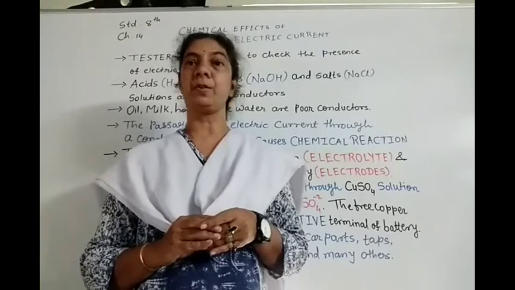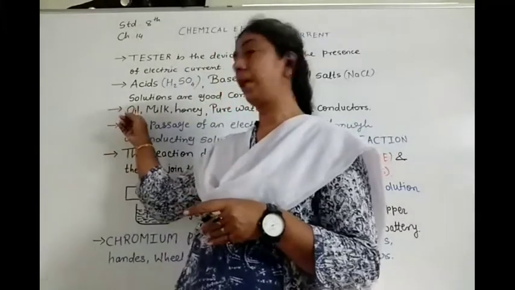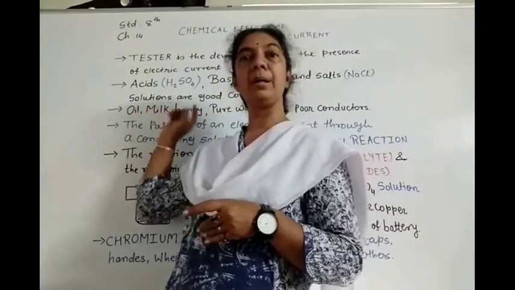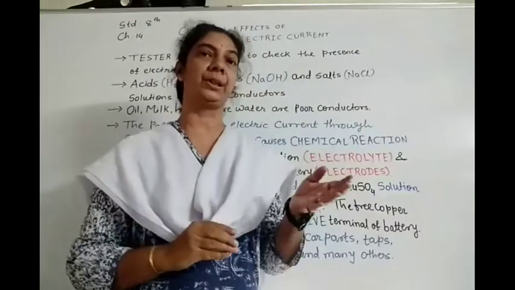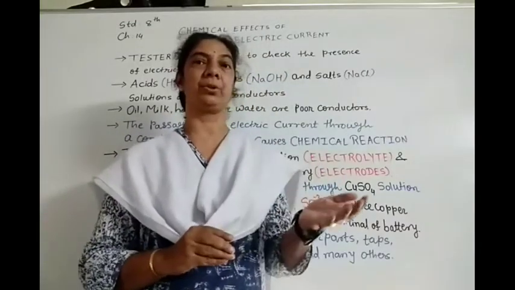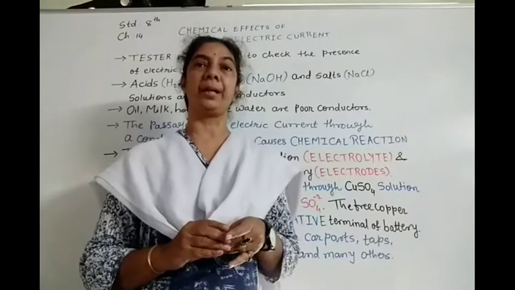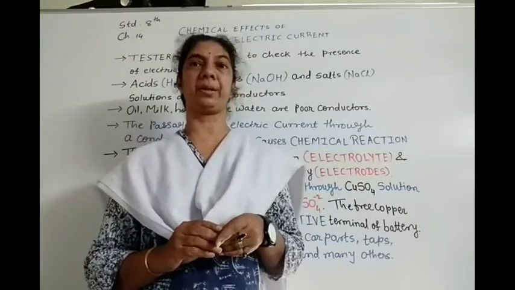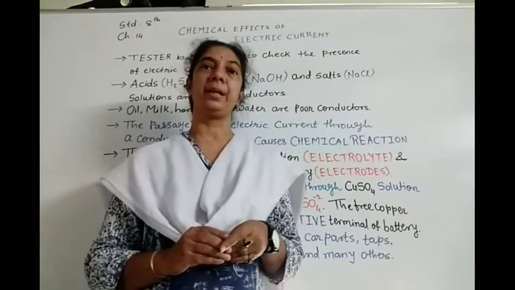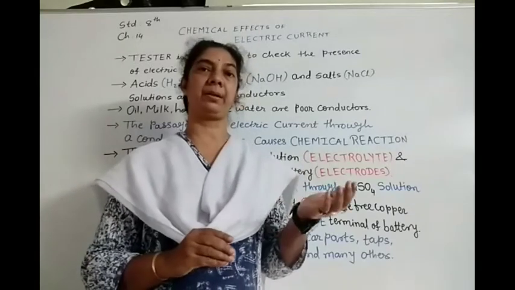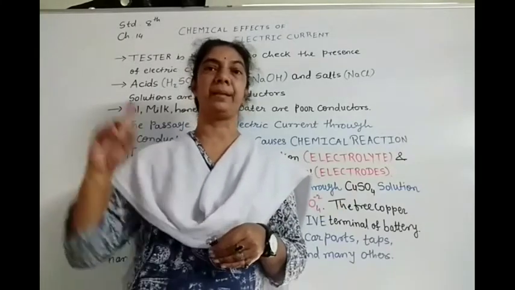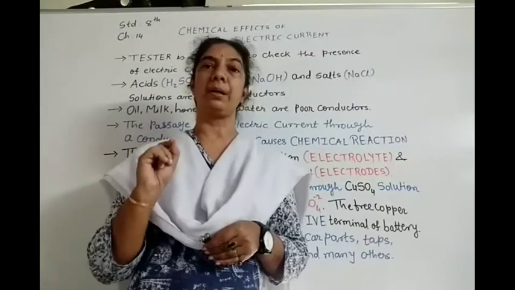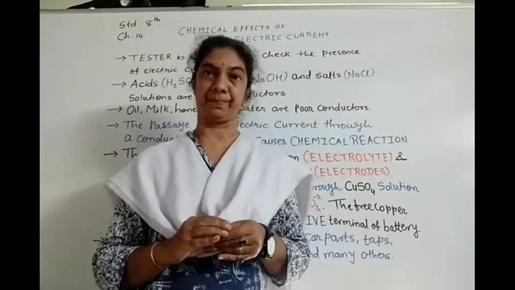But if we have oil, milk or honey, substances which are not acids, bases or salts, and we try to pass electric current through them, they will not allow the current to pass, and that's why they are poor conductors of electricity.